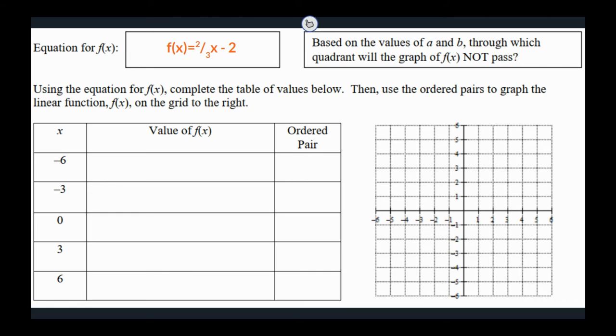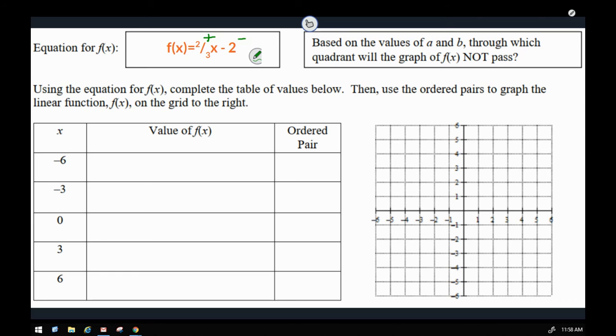Okay, so we have the equation for f of x, which we just found was 2/3 x minus 2. Based on the values of a and b, so based on your slope and your y-intercept, through which quadrant will the graph not pass? I have a positive value of a and a negative value of b.